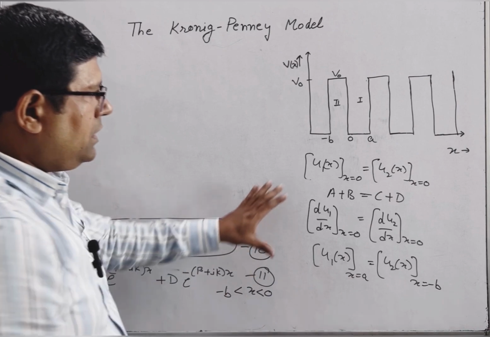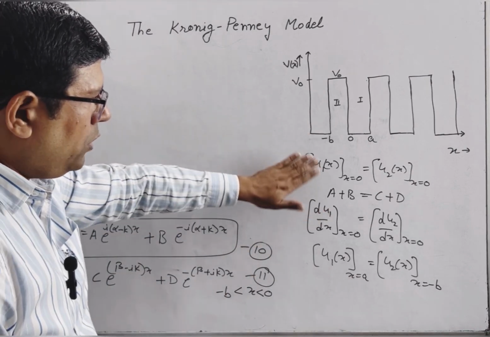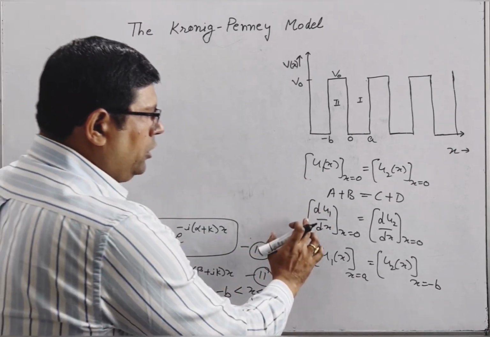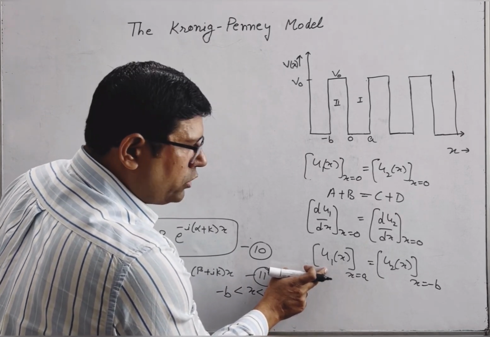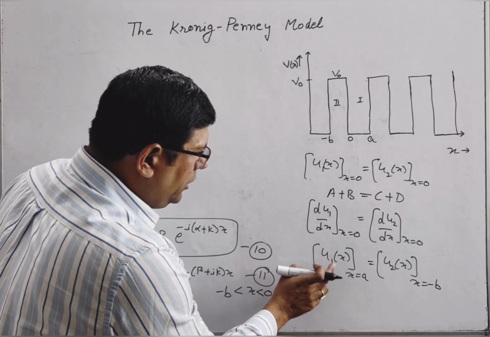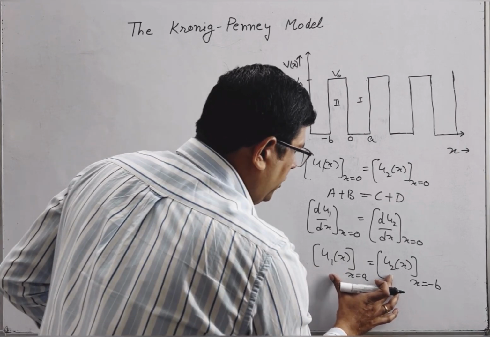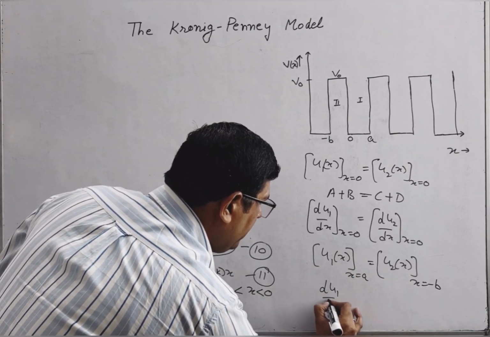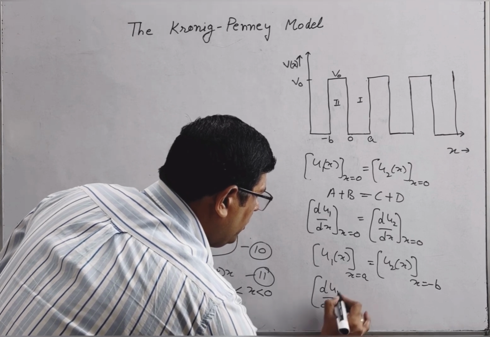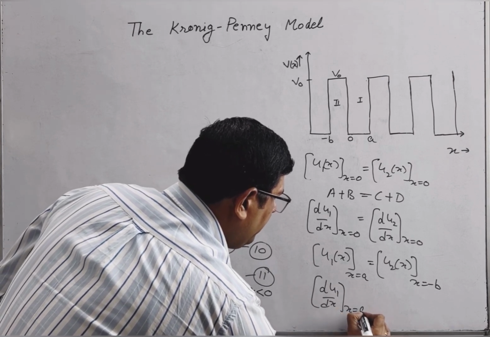Two boundary conditions are here, and from them there will be four equations. The fourth equation will come from this: if the function is periodic, then its first derivative will also be periodic.